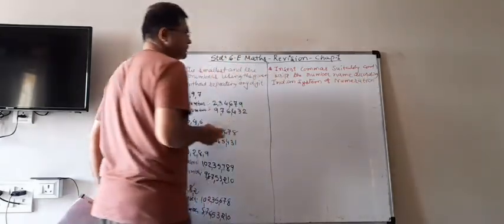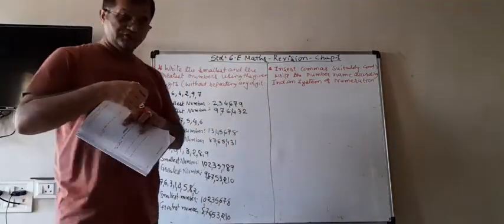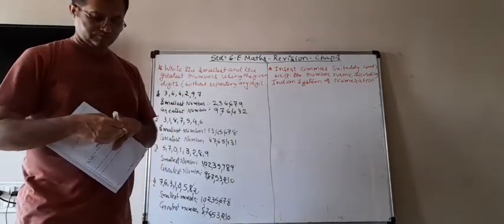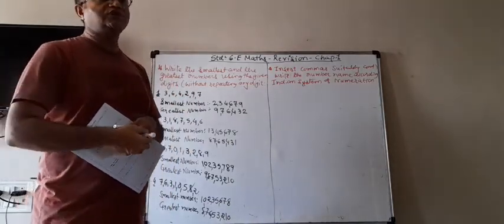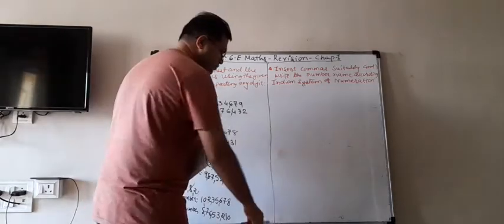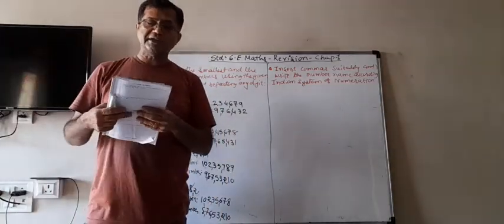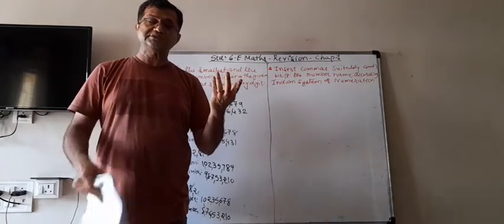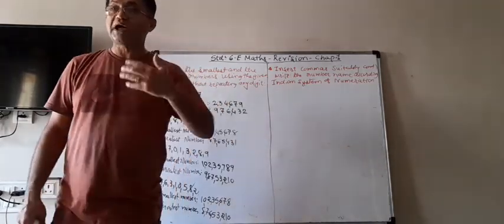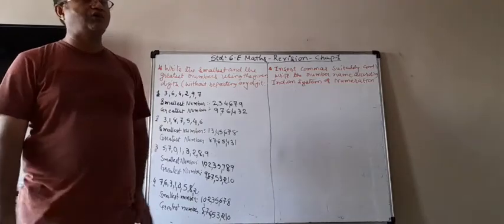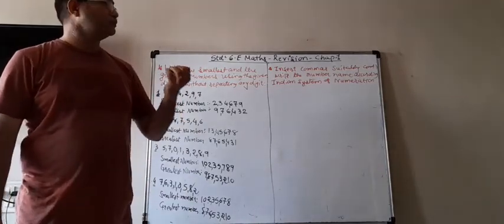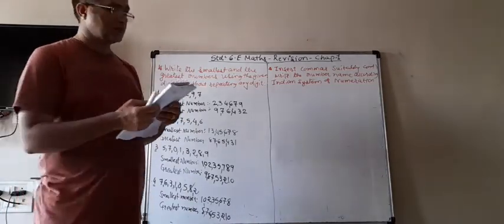It means the number will be given without any commas. So according to the Indian system of numeration, we have to put the commas, and also write down the number name, meaning the number in words, how we pronounce it.